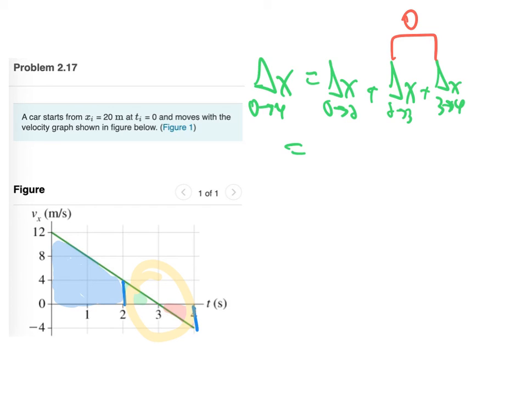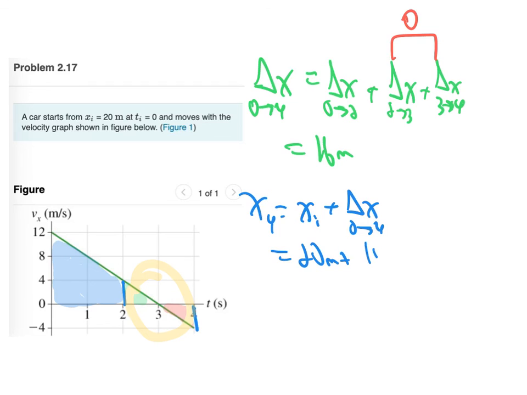The delta x from 0 to 4 is the same 16 meters we had before. And therefore, x at 4 is x_i plus delta x from 0 to 4. So 20 meters plus the 16 meters, and we're back at the 36 meters. So several ways of getting at this. Either of them gets you to the fact that it's back at 36 meters.